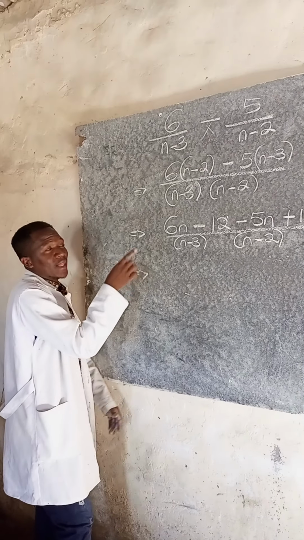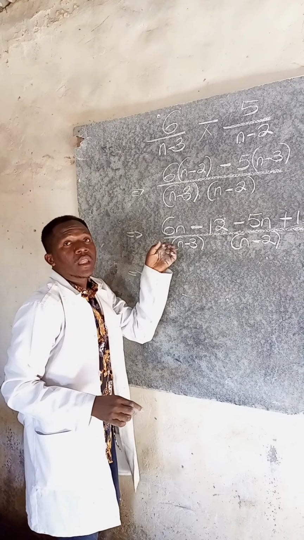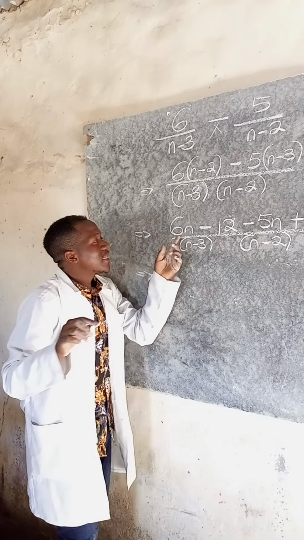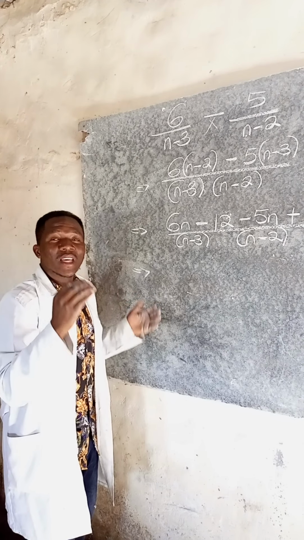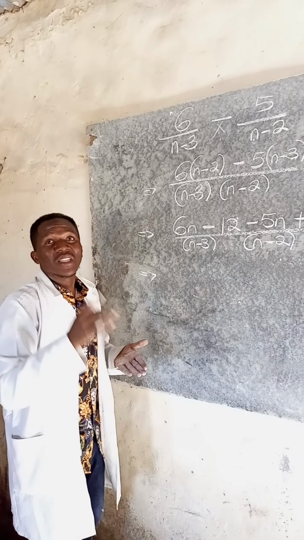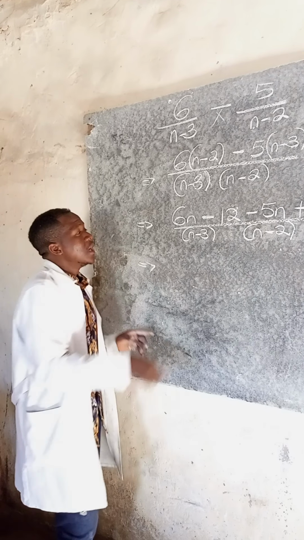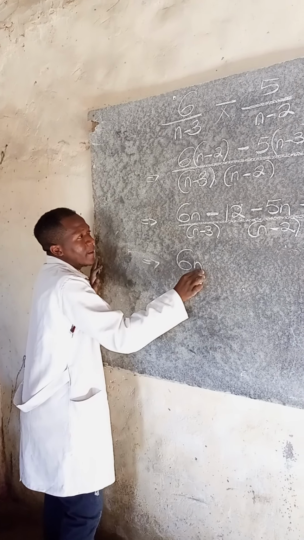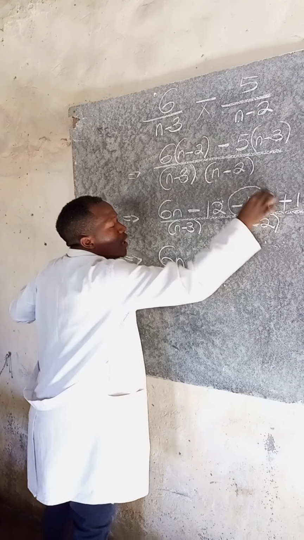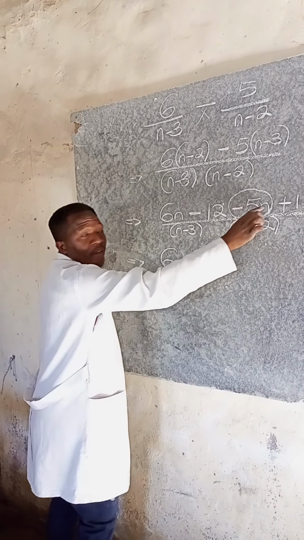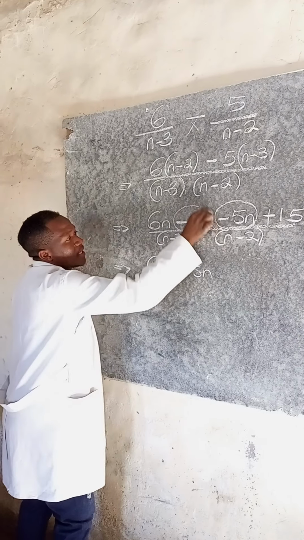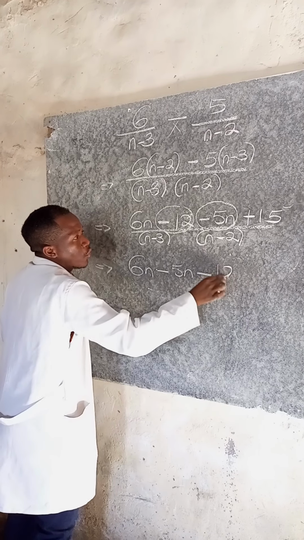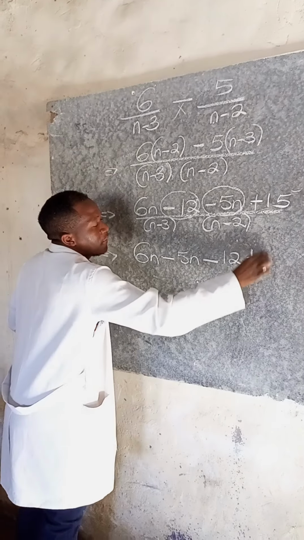Then what's going to follow at this stage? We are going to collect like terms together. But remember, nothing that you are collecting as a like term is crossing over the equal sign. Whatever sign is in front of a term is the sign that was originally there. So I'm going to say 6n minus 5n, then minus 12, then plus 15.